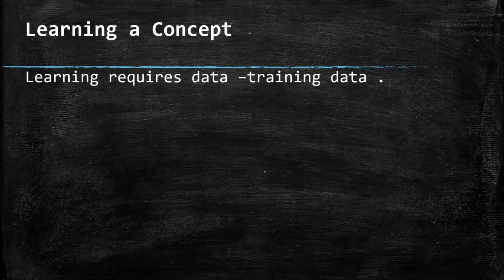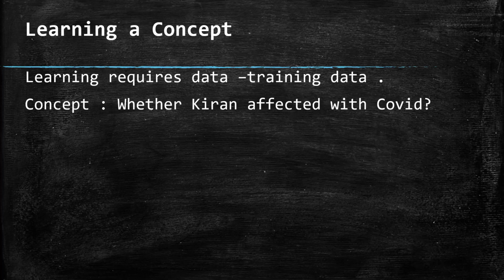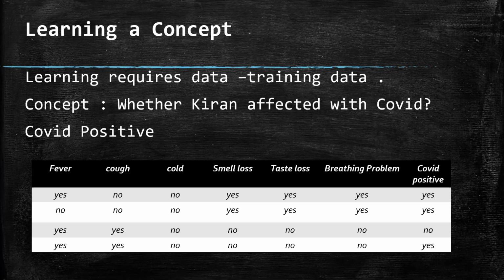To learn a concept, we need data in inductive learning, especially what we call training data. Now, let us take a concept whether some person, maybe Kiran, is COVID positive or not. The training data will have some features. For example, here we have taken 6 features: fever, cough, cold, smell loss, taste loss, breathing problem.